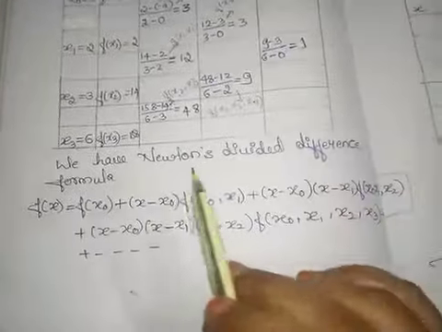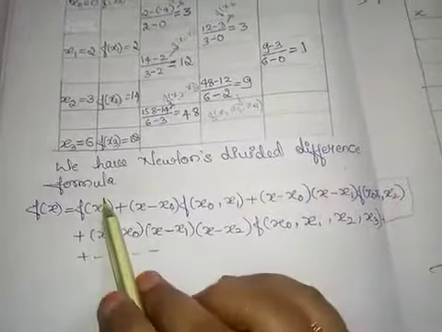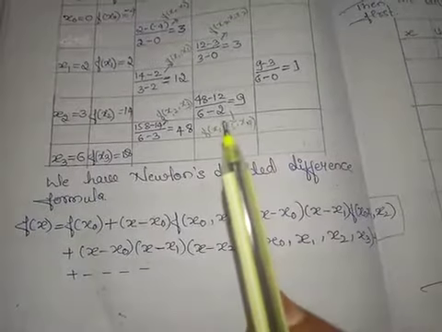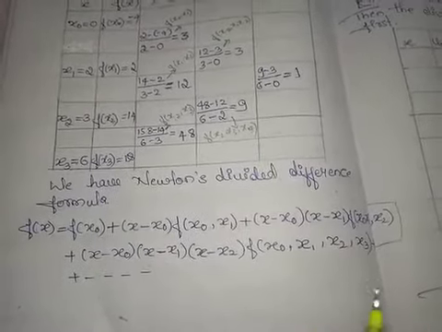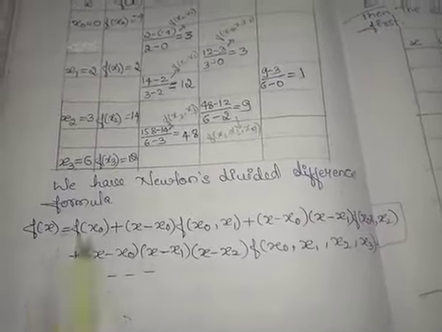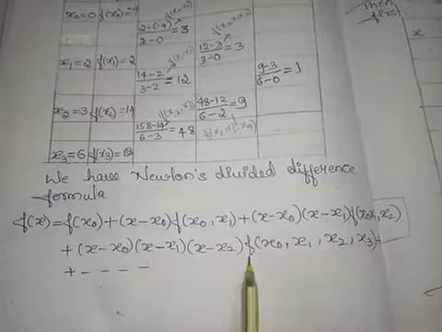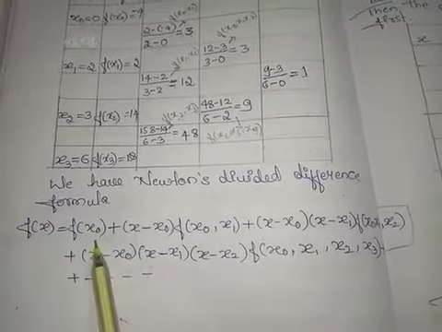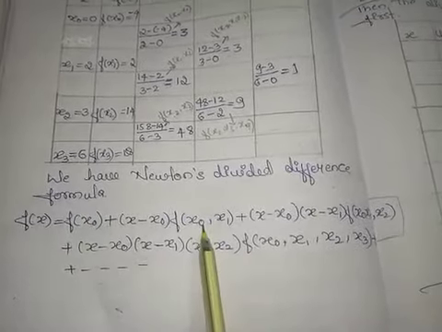Next we have Newton's divided difference formula. In the question they are asked to find f of 4. Here the value of x is what? 4. And this is our formula. See, f of x0 is the first term.